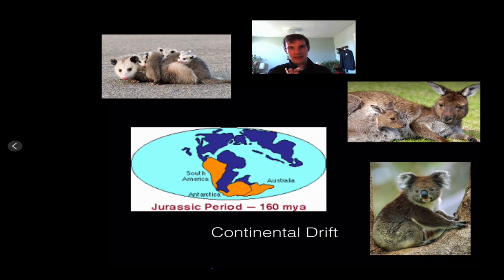What happened is that they were on those continents roaming around, but then when they split, they were segregated in different parts. So a marsupial would be this koala, kangaroo, and those two exist in Australia. So you can see this orange, they were down here in Australia, and they could also go up a little bit here. And this possum would exist in South America.